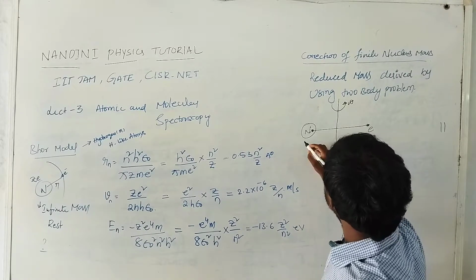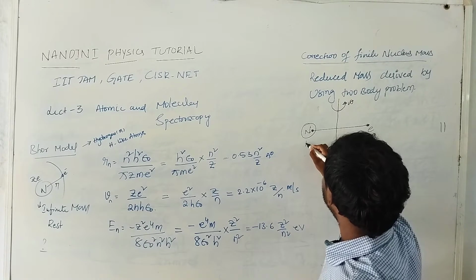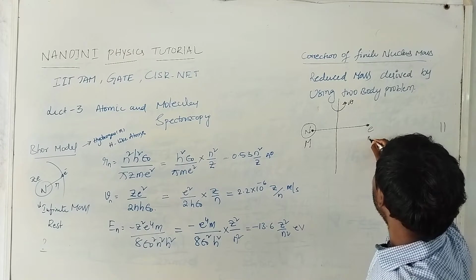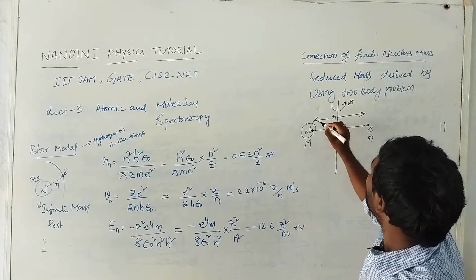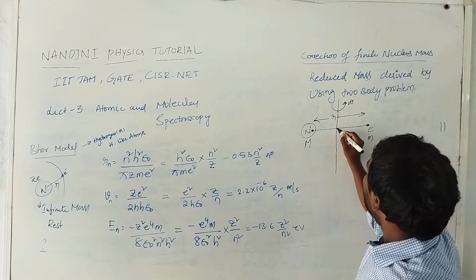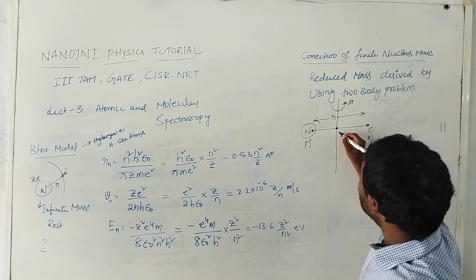Capital M is the mass of the nucleus and small m is the mass of the electron. The distance between nucleus and electron is r, and the center of these two masses is called the center of mass.